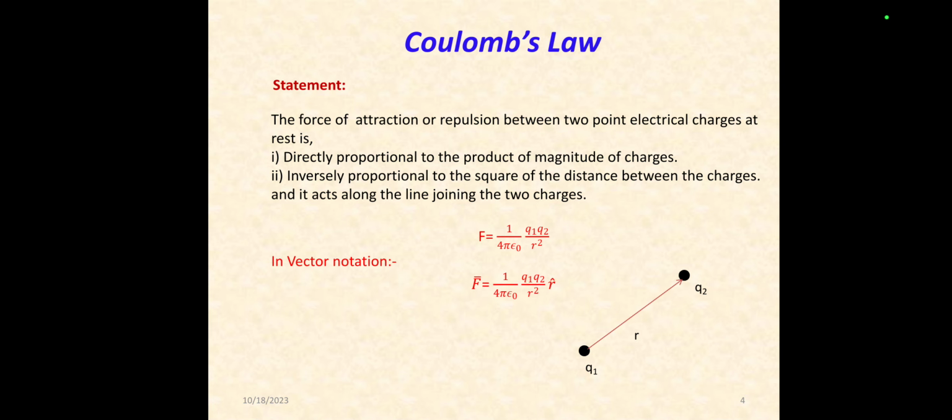The distance between the charges is denoted by r, so we have mentioned inversely proportional to the square of the distance, that means upon r square. So F is equal to 1 upon 4 pi epsilon naught q1 q2 upon r square. In vector notation it can be written as F bar is equal to 1 upon 4 pi epsilon naught q1 q2 upon r square into unit vector r.